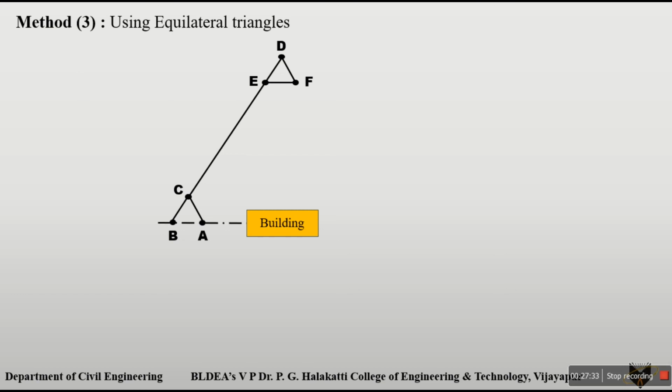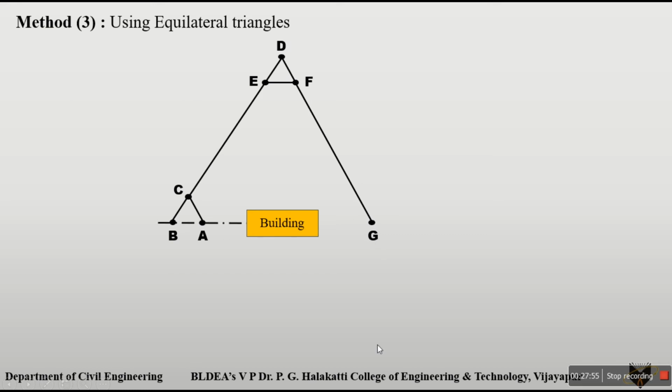Next procedure is the same: extend the line DF. Then you have to fix one point G, where the distance GD is equal to the distance BD, that is from B point to D point. The fixing of the G point is at the length of BD.